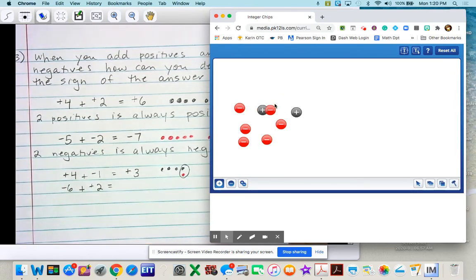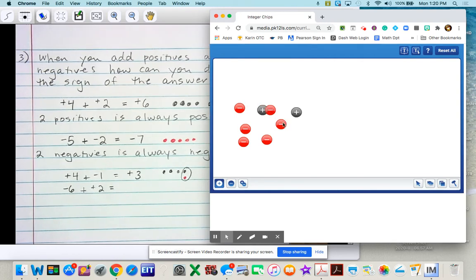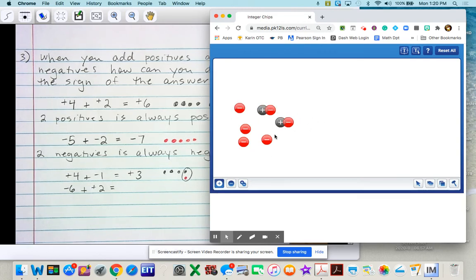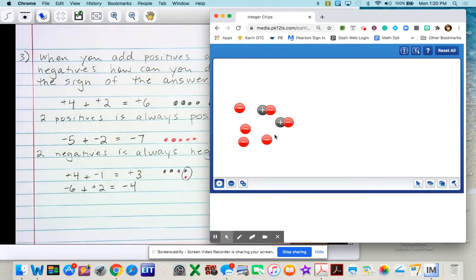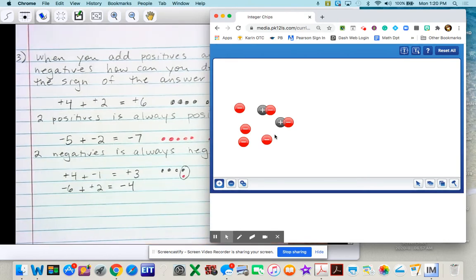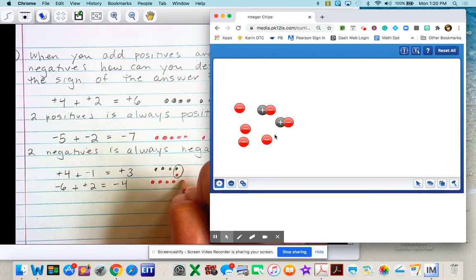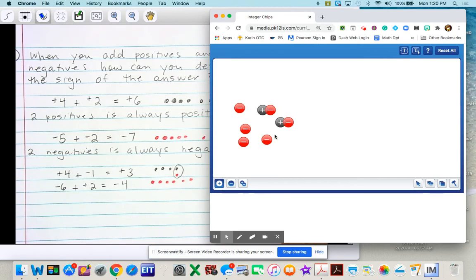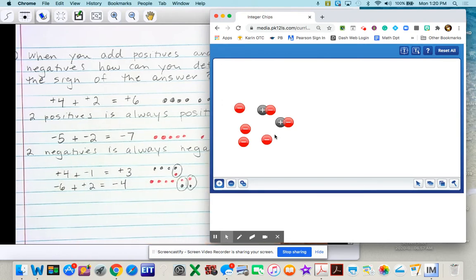So that makes 0. Remember how we talked about earlier in our notes that opposites sum to 0. So those both make 0, and I'm just left with -4. I had 6 negatives by drawing and 2 positives. Well, these pairs end up making 0. So I was left with -4.